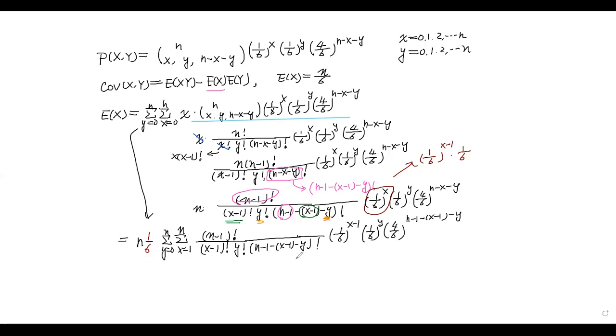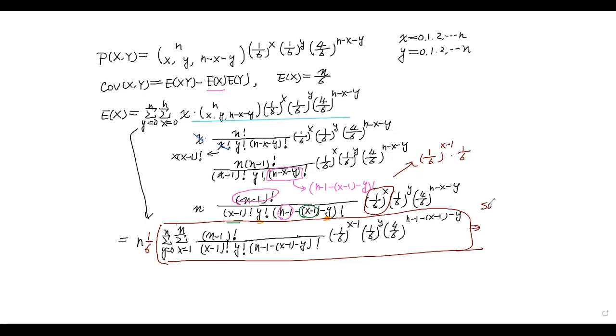Just like we highlighted here, what is this? This is the sum of multinomial distributions. So the whole thing sums up to what?